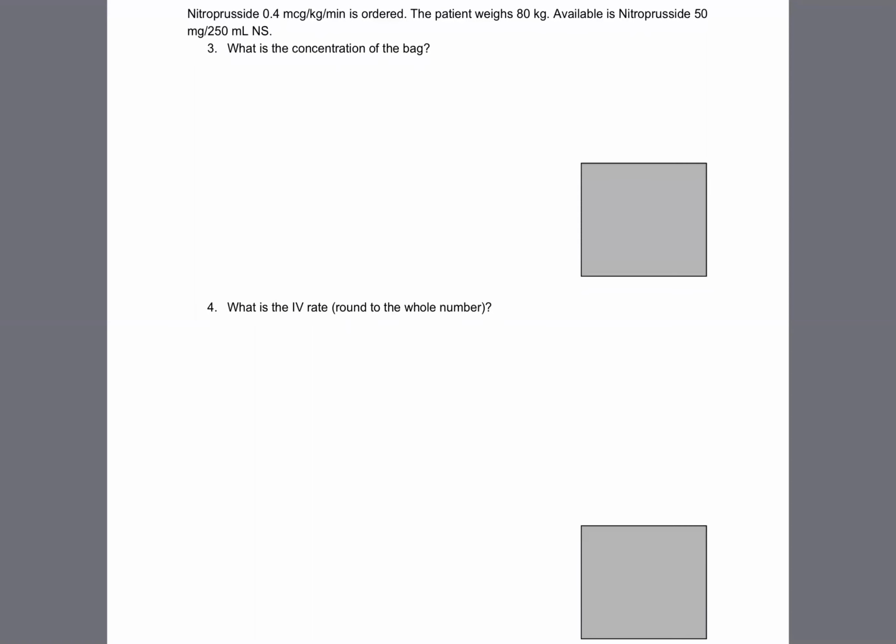So let's go ahead and write out what we're looking for. So remember, we have this bag and it has nitroprusside, and there's 50 milligrams of nitroprusside in this whole bag of 250 mLs of NS. So remember, what we're looking for is how many milligrams per 1 ml.